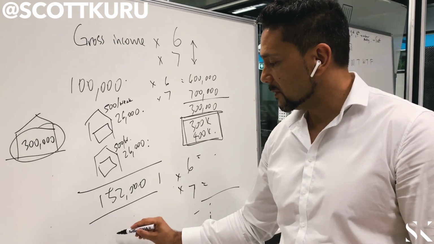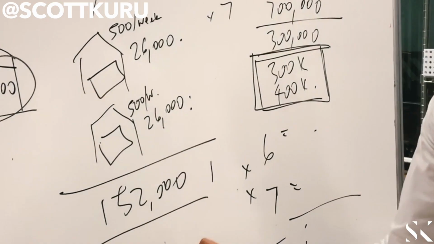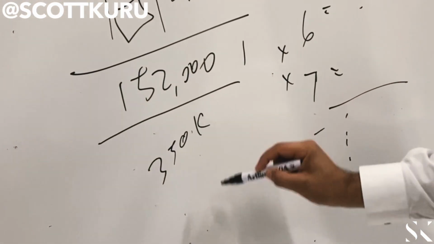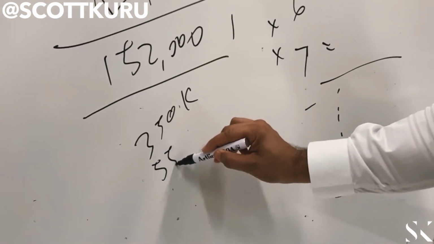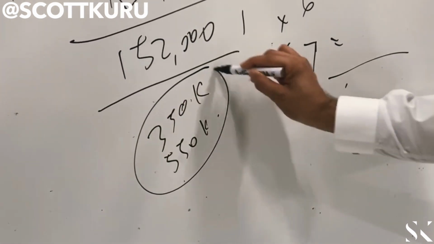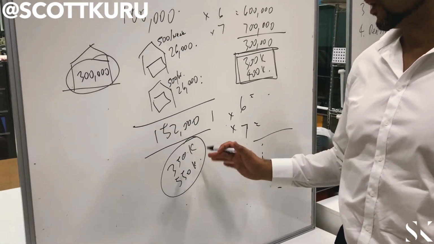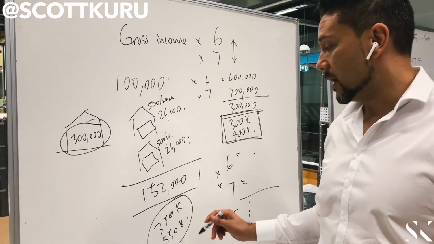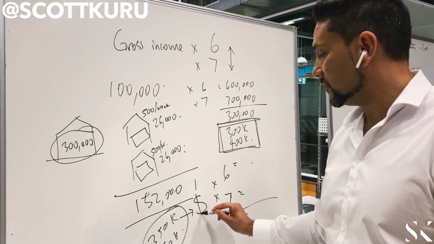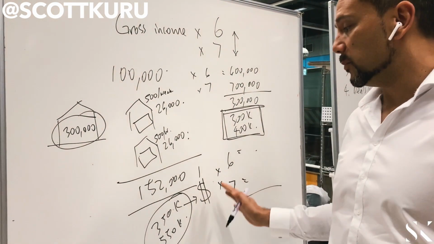Now, if you've got a borrowing capacity of anywhere from 350,000 to 550,000, you can get yourself a really high quality investment property right now with a positive cash flow, and that's really, really important when you're investing.